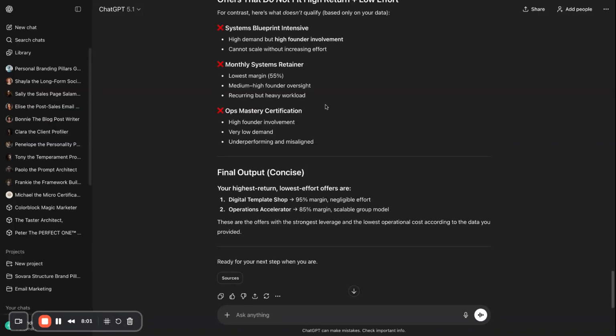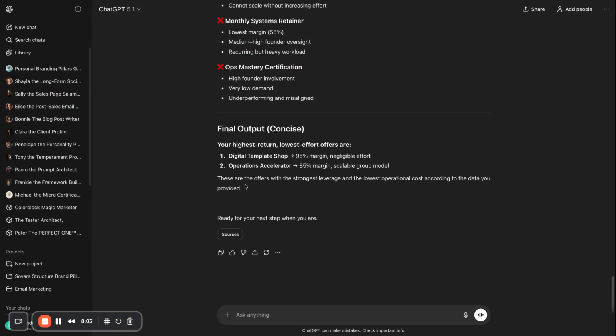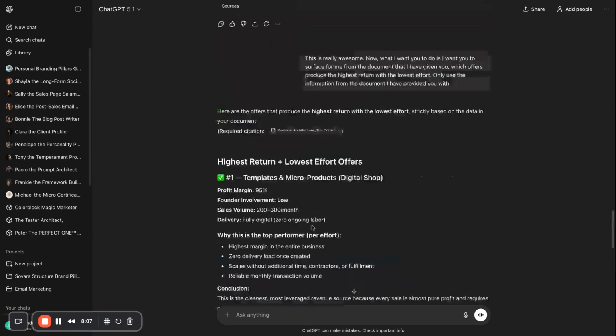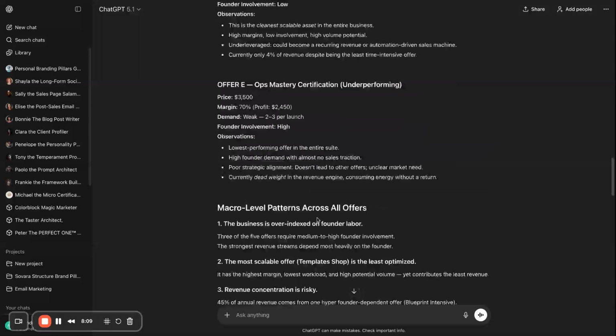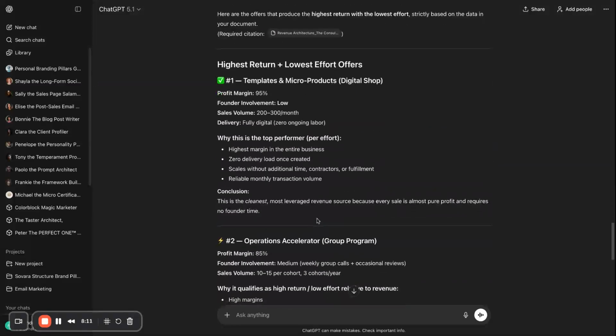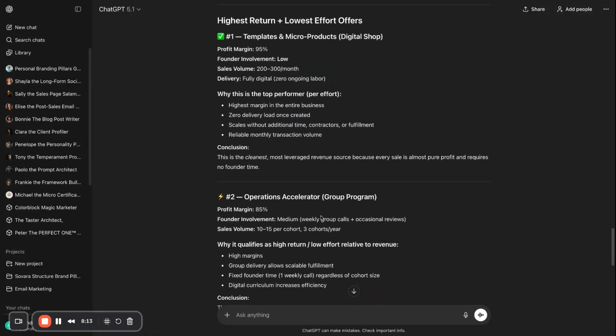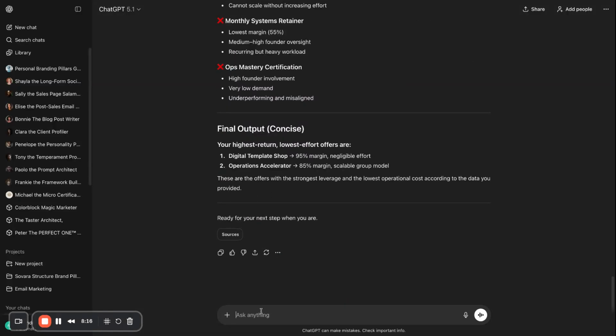It's telling me why they don't fit. And it's giving me its final assessment, right? Okay. So now we have a breakdown of all of our offers. We also have an understanding of our highest return and lowest effort offers. And so now we're going to move on to the next prompt. I'm going to copy that in here.